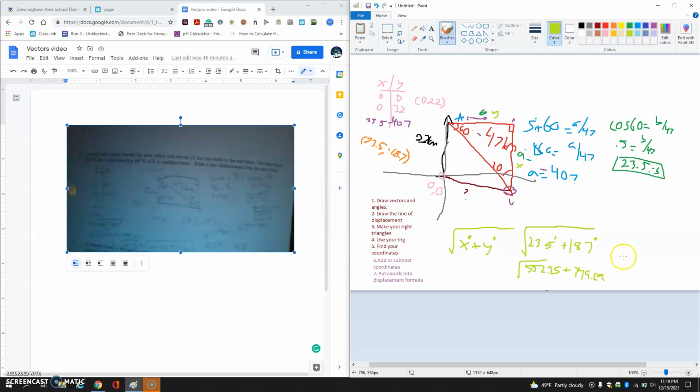So the answer ends up being 30.03. This is your final answer. If you remember from the left side, one of the numbers was wrong, so the answer is slightly different.